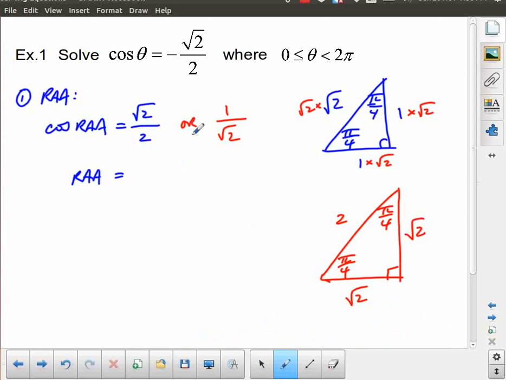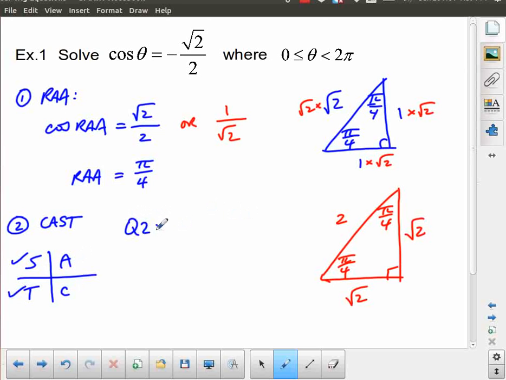And so from there, my related acute angle is obviously pi by 4. Now I'm going to use CAST. I go to my original equation, which said that cosine was negative, and I ask myself, where is cosine negative? It's negative in quadrant 2 and in quadrant 3.